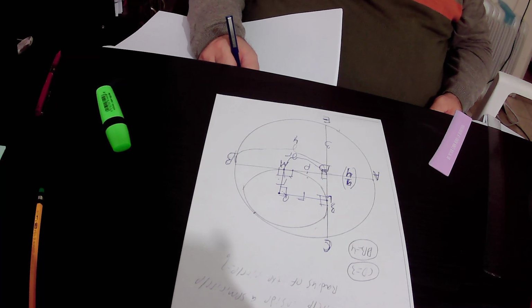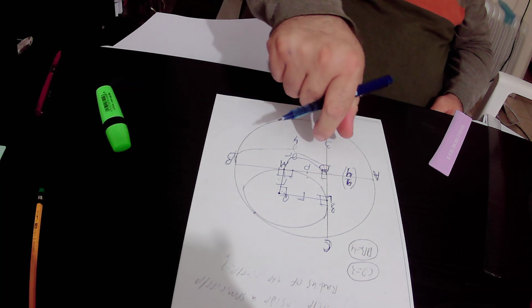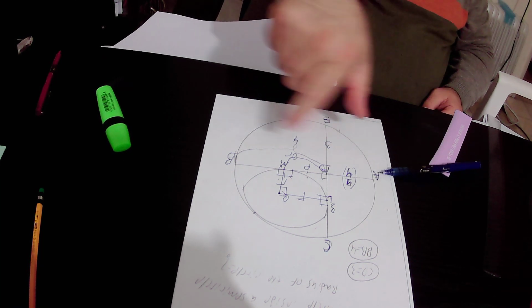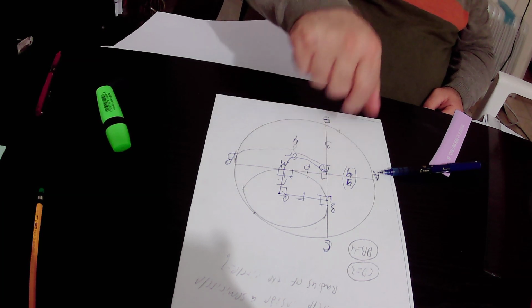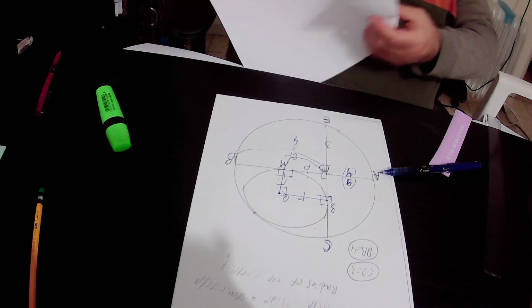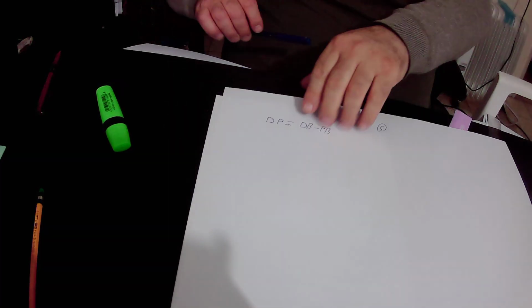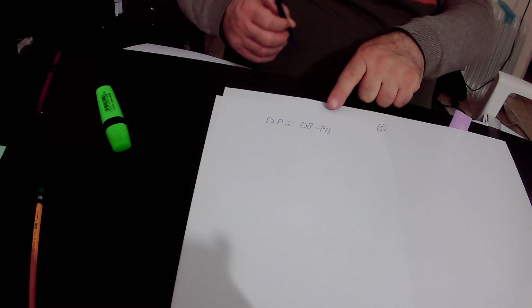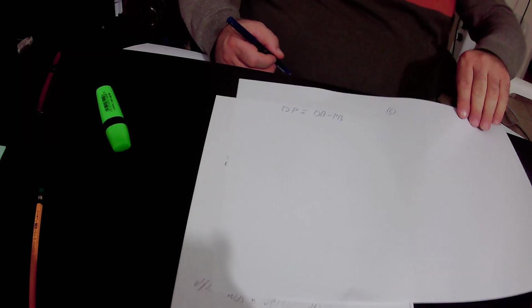I'll repeat again: the length of the short line segment DP equals DB minus PB.